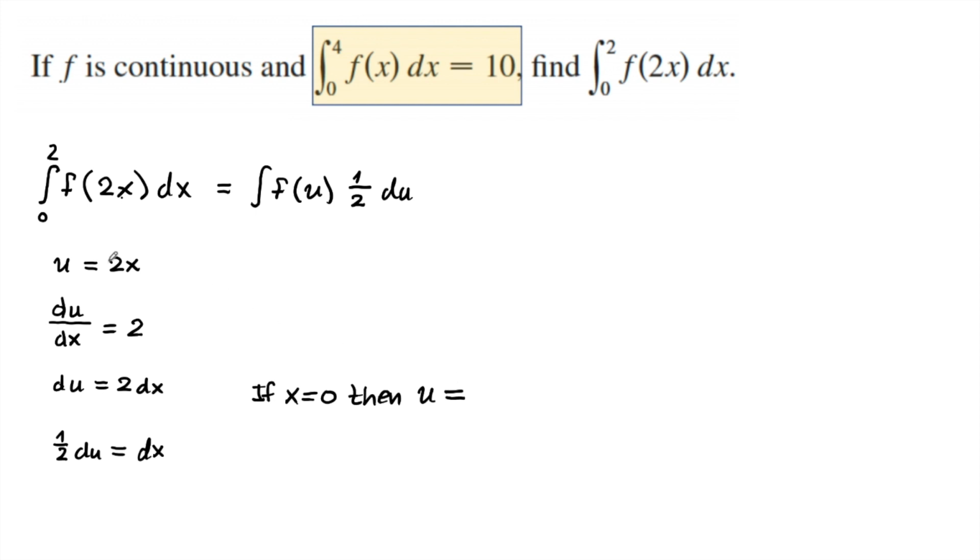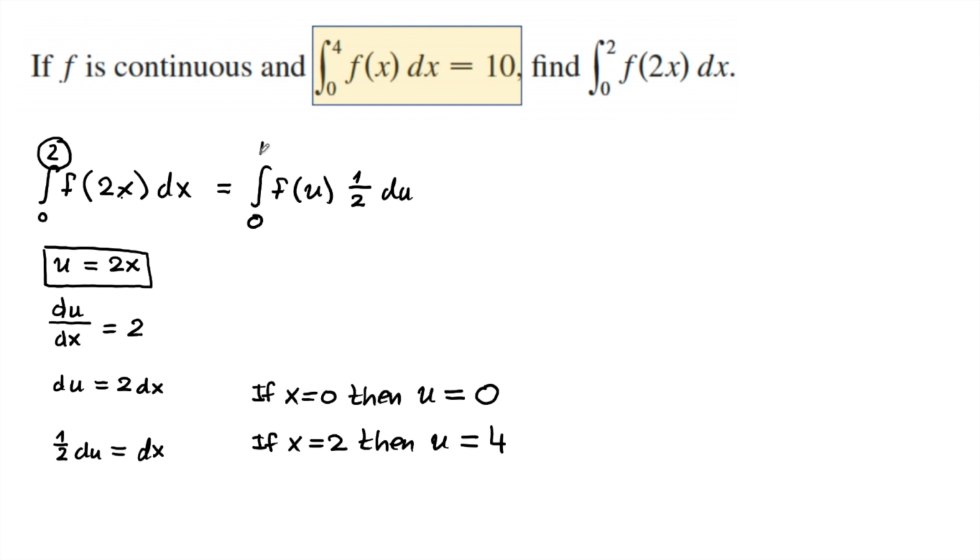Well, u is going to be 2 times 0, which is 0. So that's the lower bound of integration of this new function. To find the upper one, if x is equal to 2, that's the upper limit of integration of the given function, then the corresponding u is going to be 2 times 2, which is 4.